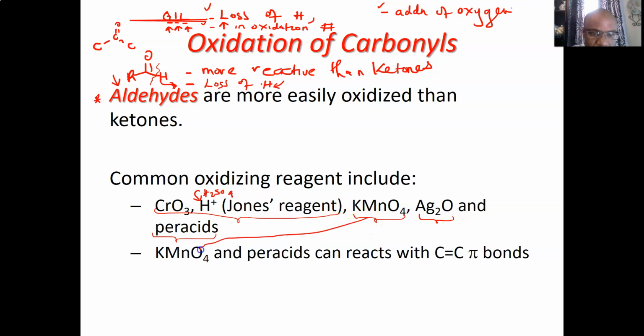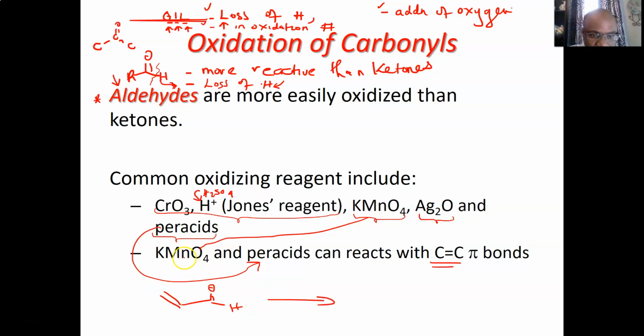The problem with potassium permanganate and peracids is that they can also react with double bonds. Let's say you have an aldehyde, and that aldehyde also has a double bond.